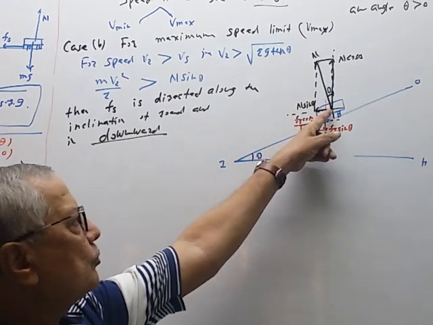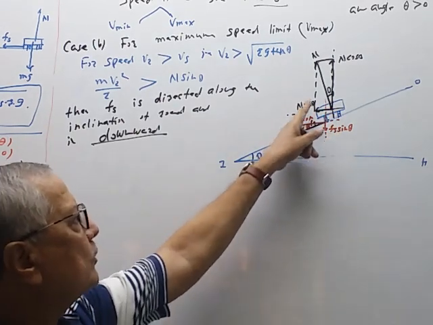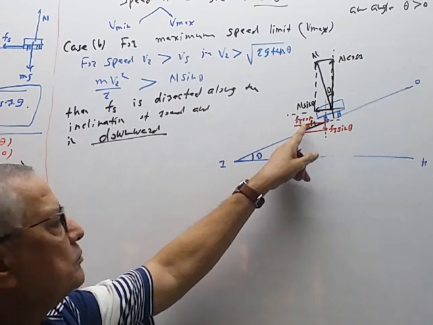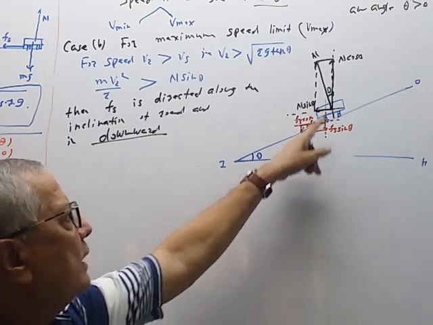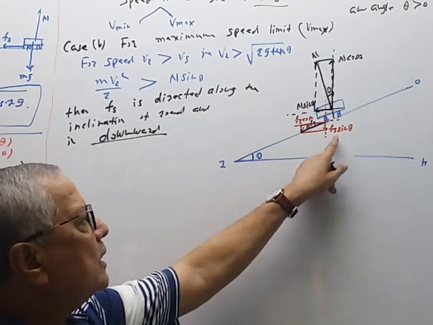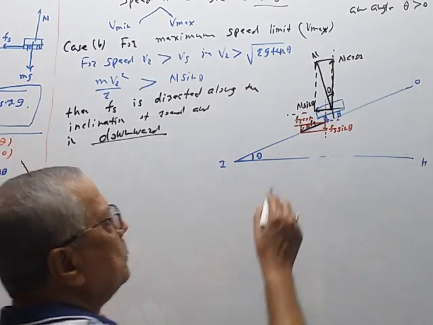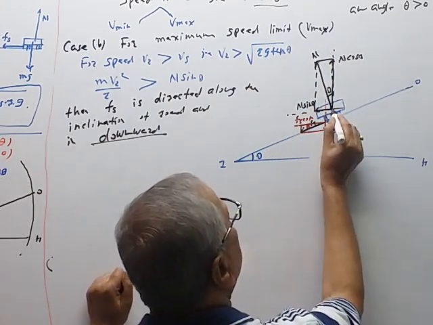So total force directed horizontally toward the center is equal to n sin theta plus Fs cos theta. It will provide the necessary centripetal force, and this n cos theta will balance the Fs sin theta and mg. So mg should be shown here like this.